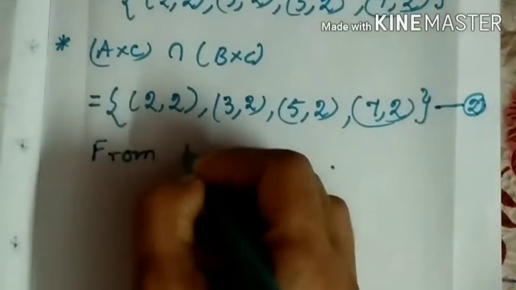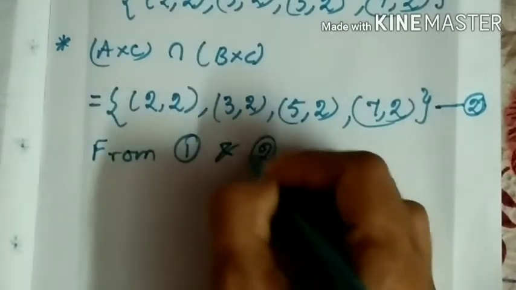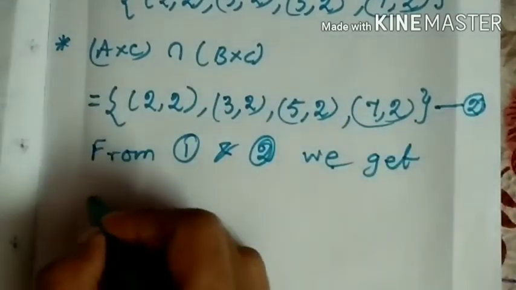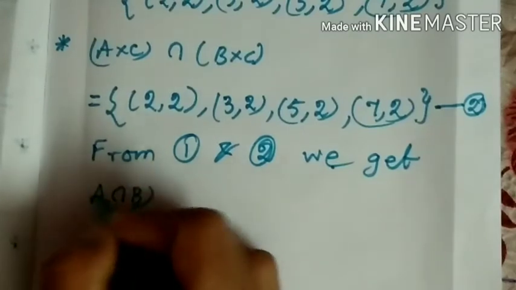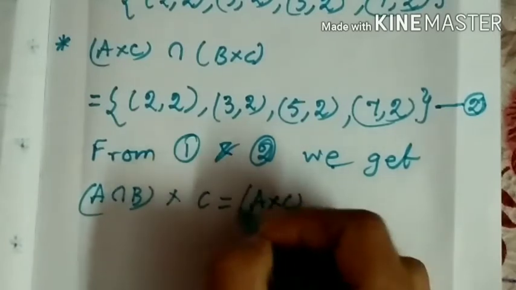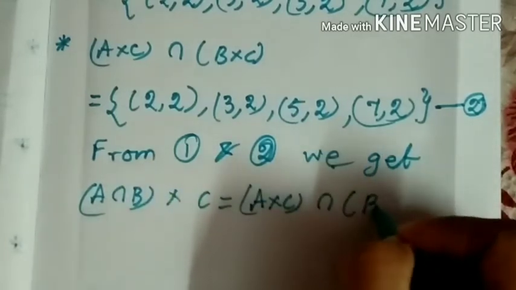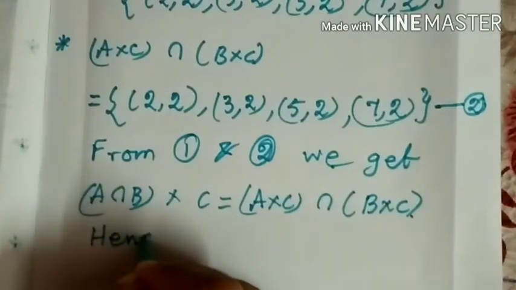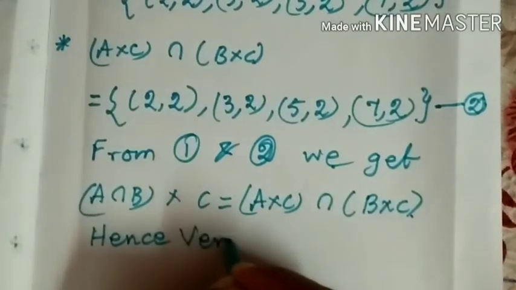From 1 and 2 we get A intersect B cross C equal to A cross C intersect B cross C. Hence verified.